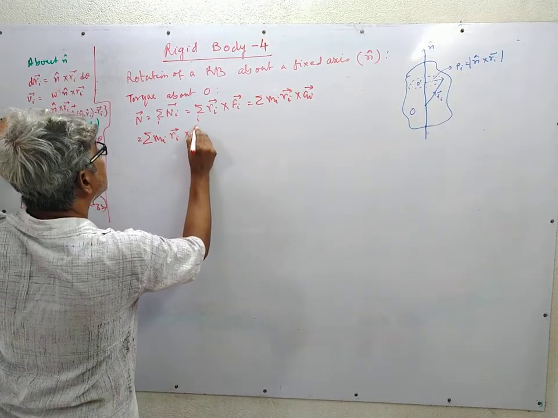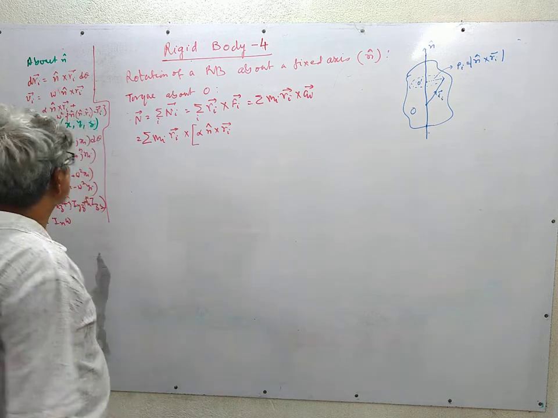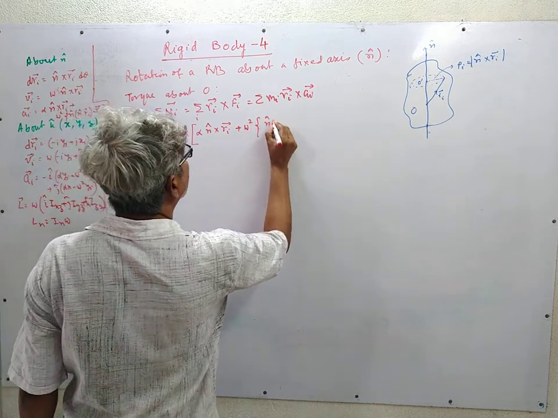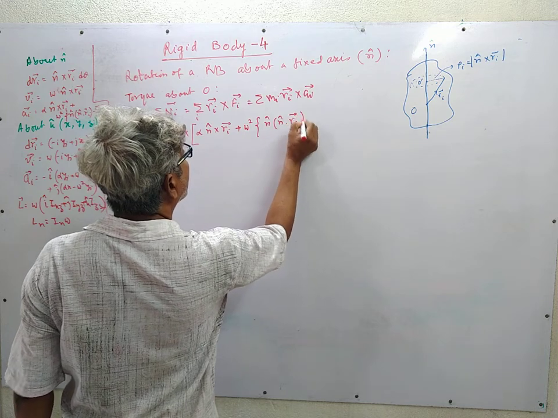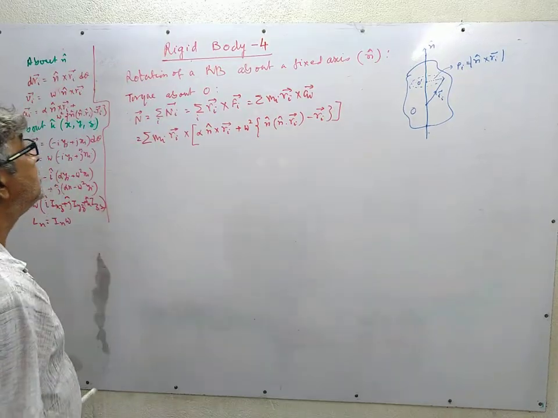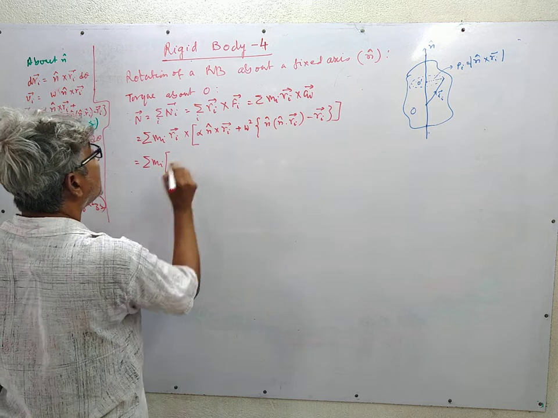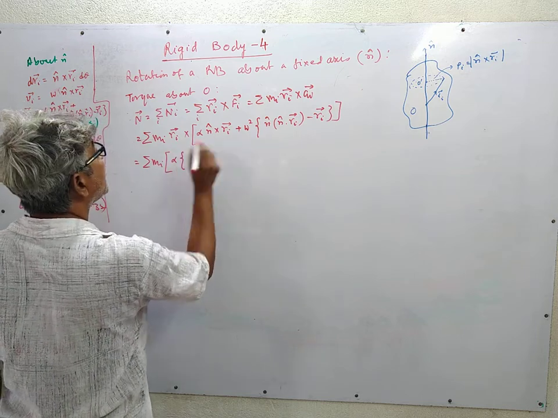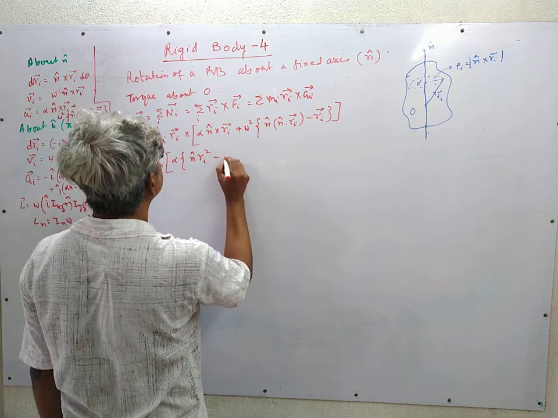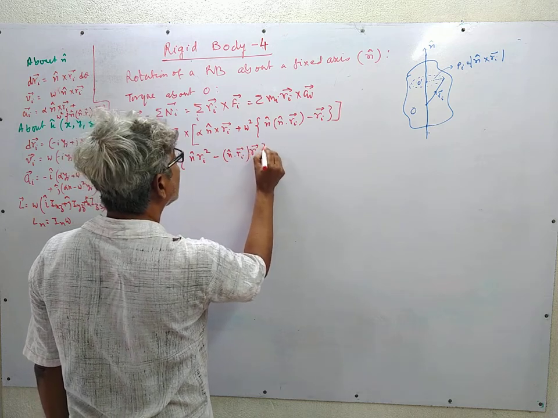For rotation about n cap, we know the expression for a_i, so this becomes the summation over m_i r_i cross, this is alpha n cross r_i plus omega square. This is alpha times, the first term is n cap dot r_i square, minus n cap dot r_i times r_i.